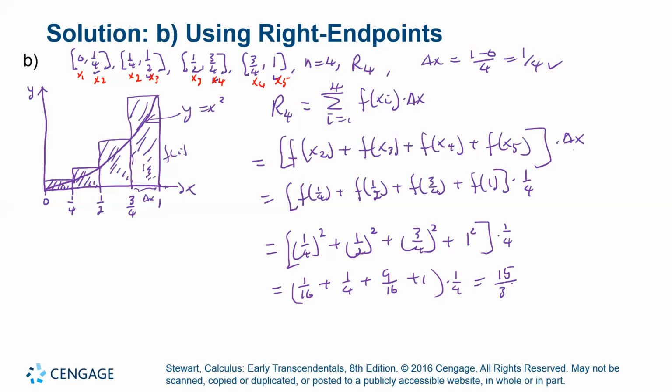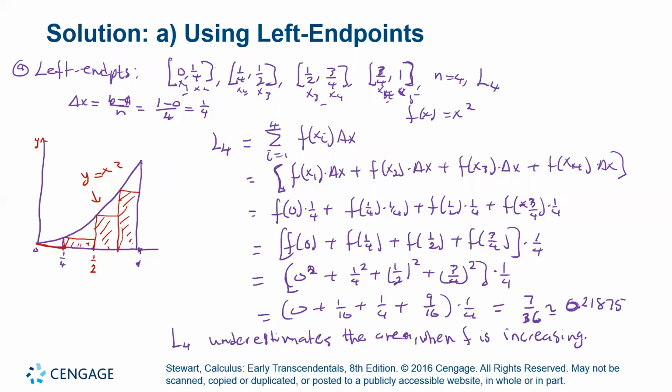32. Let me go and fix this over here. I made a mistake. So it is 15 over 32, not 7 over 36.